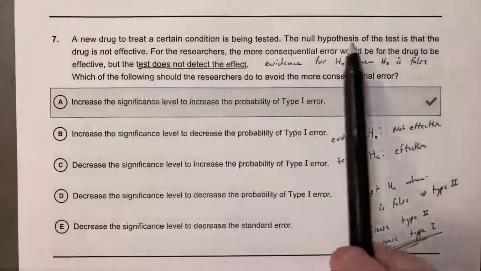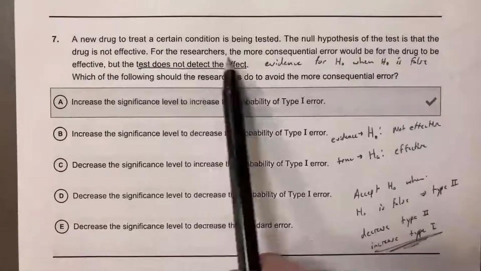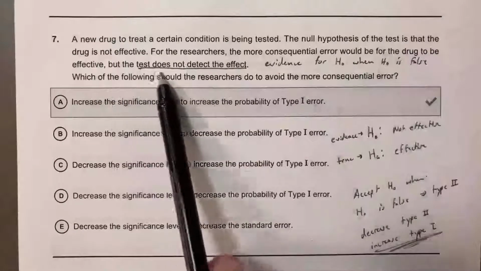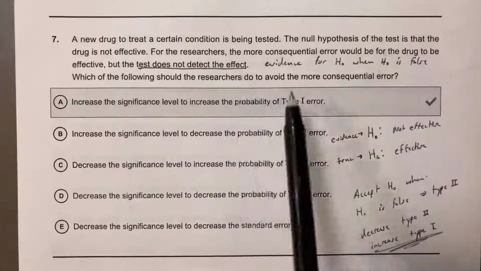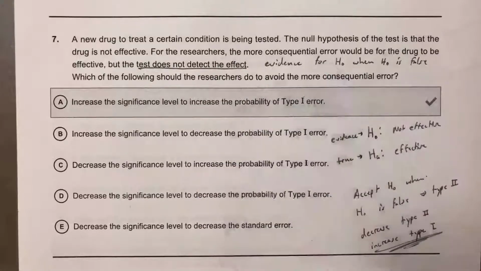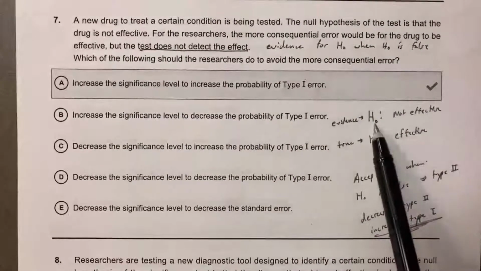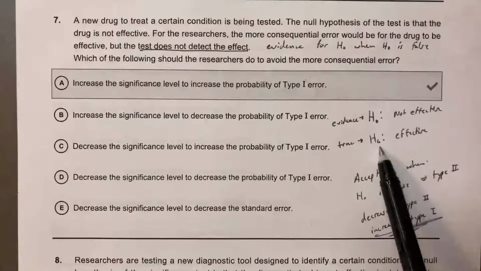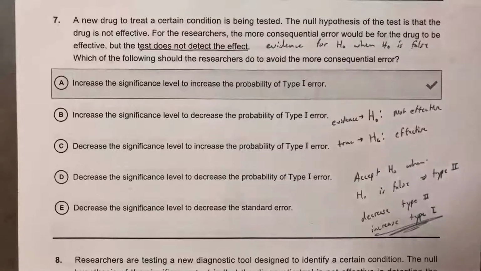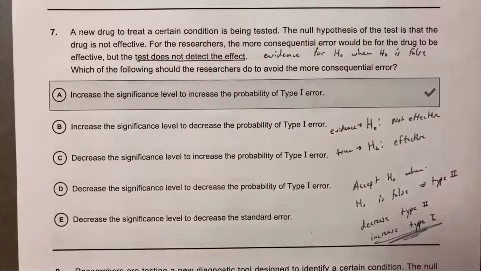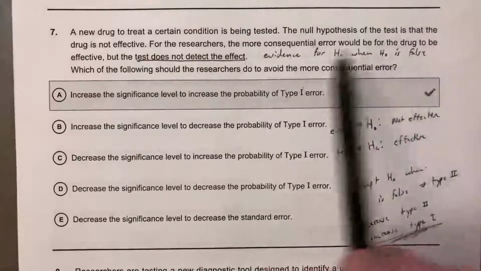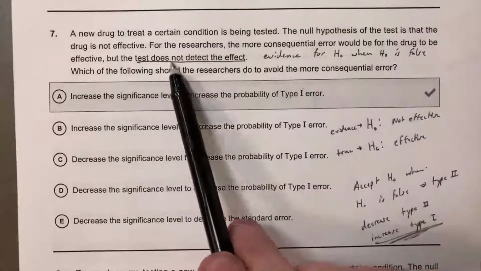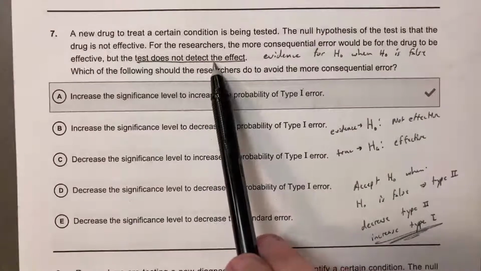All right, the null hypothesis. The more consequential error would be that the drug is effective. Okay, so they set up the null is that it's not effective. The alternative is that it is effective. The more consequential error would be for the drug to be effective, but the test does not detect effective.